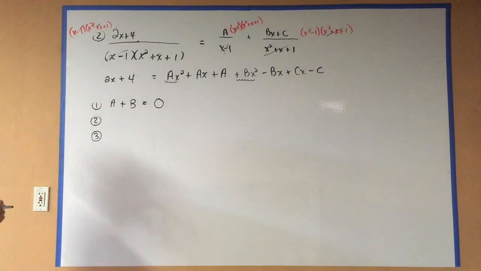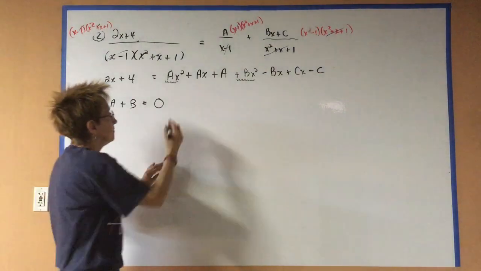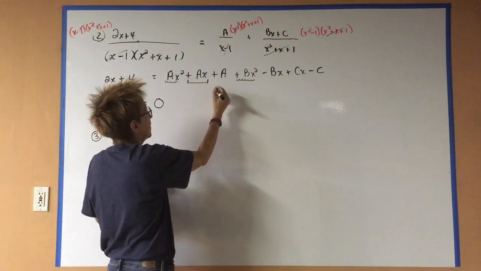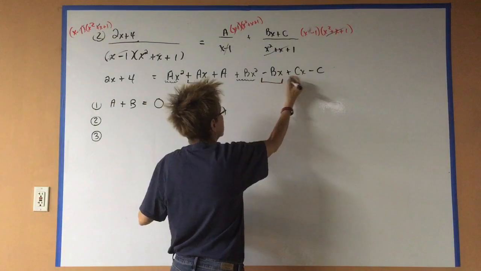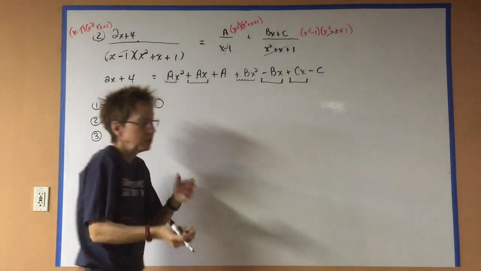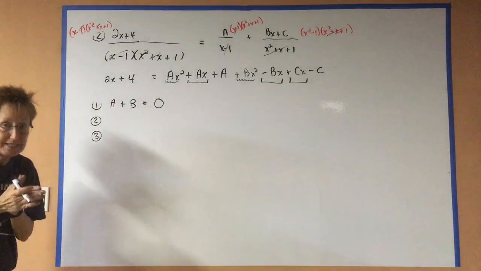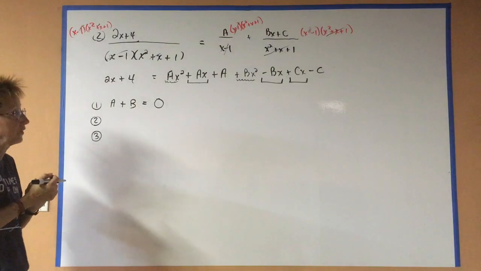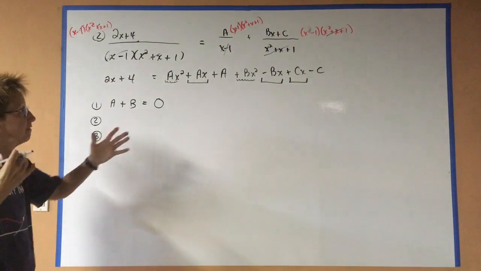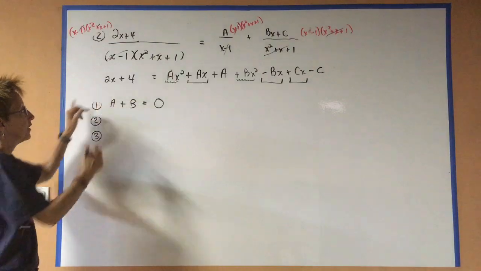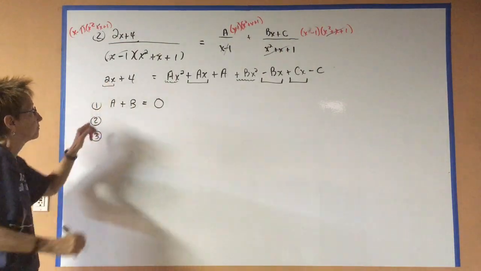So now I'm going to go pick on the x's. So here's an x, here's an x, and here's an x. And if you want to, you can rearrange the terms so they're all next to each other. I'm kind of leaving them in the order they are and just picking them off. And here's the x over here, look.